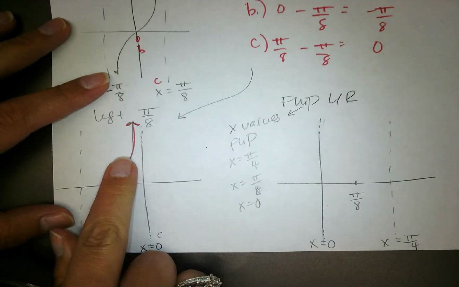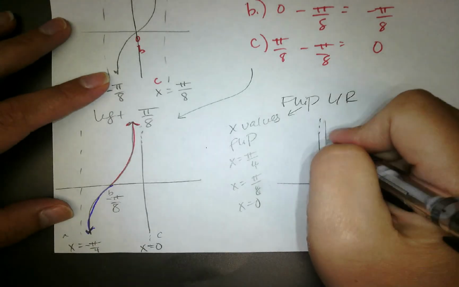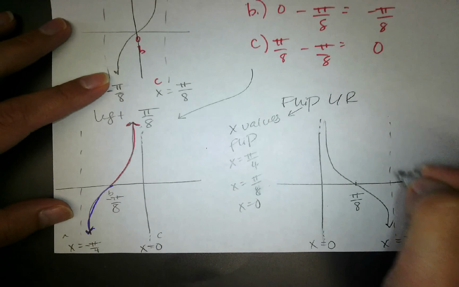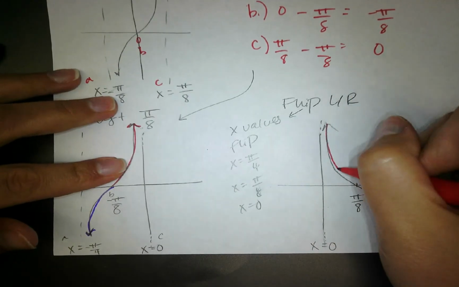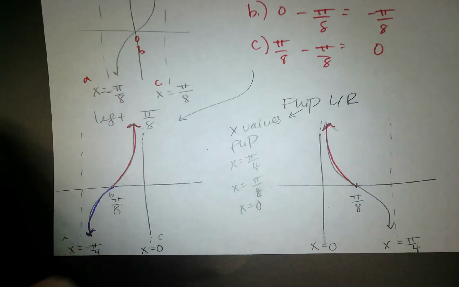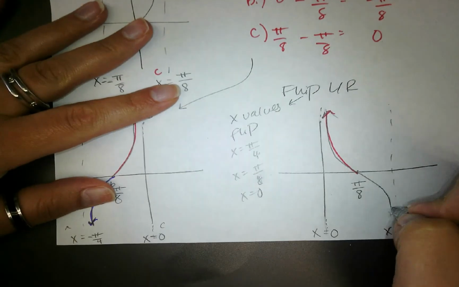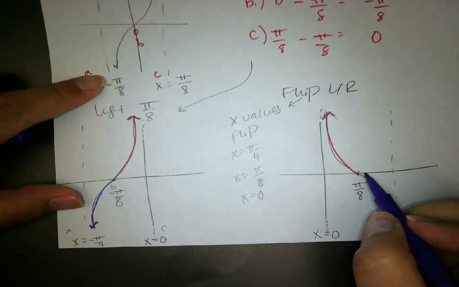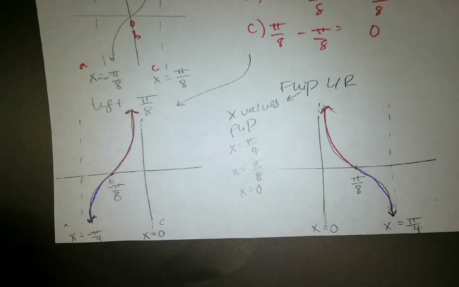This guy flips over this side, and this guy flips all the way over to that side. And that purple side is this. So that's your left-right flip. Your new asymptotes.